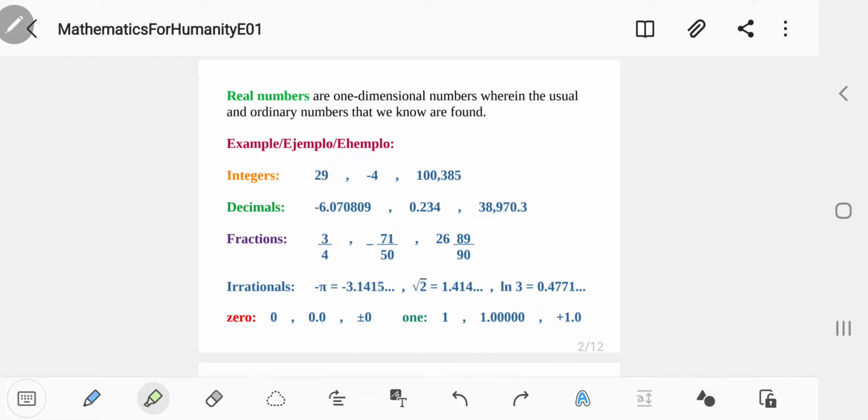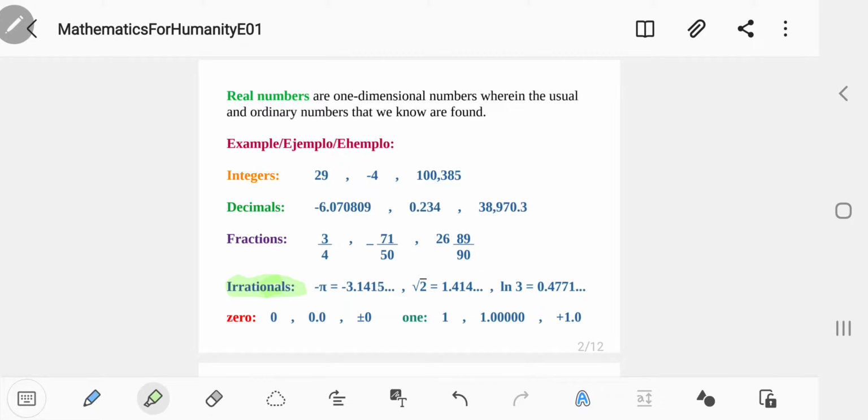We also have this kind of number called irrationals. And examples are given here. We have negative pi. Numerically, this is equal to negative 3.1415, followed by a long sequence of numbers which we represent by the three dots here.